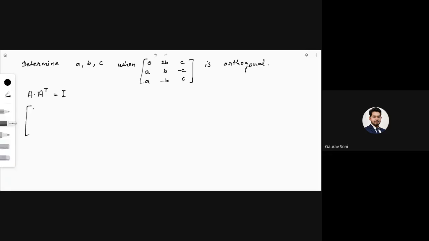So we'll have 0, 2B, C, A, B, minus C, A, minus B, C. The transpose of this will be 0, 2B, C, A, B, minus C, A, minus B, C, and this product will be equal to identity since it is given that A is orthogonal.